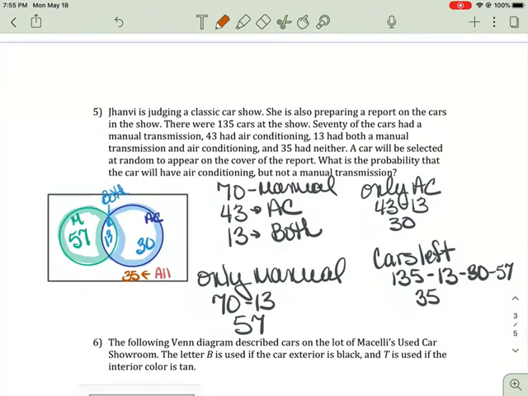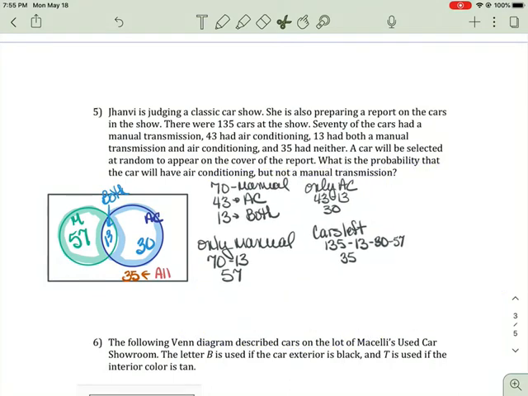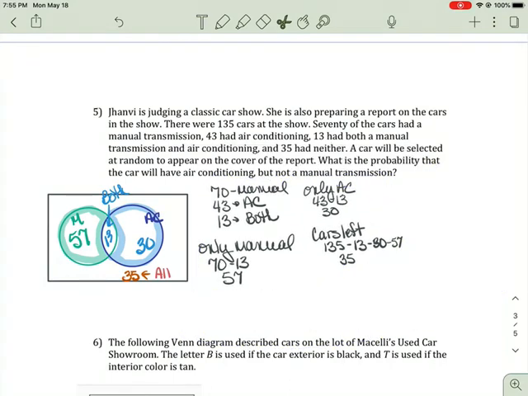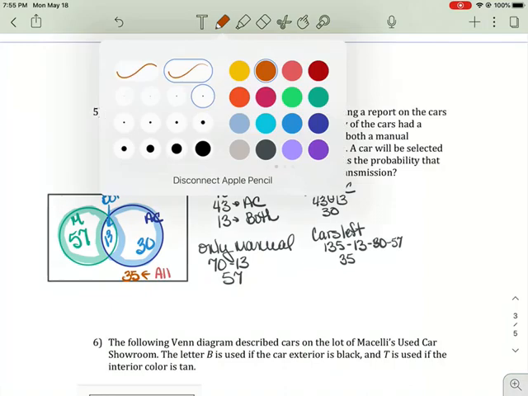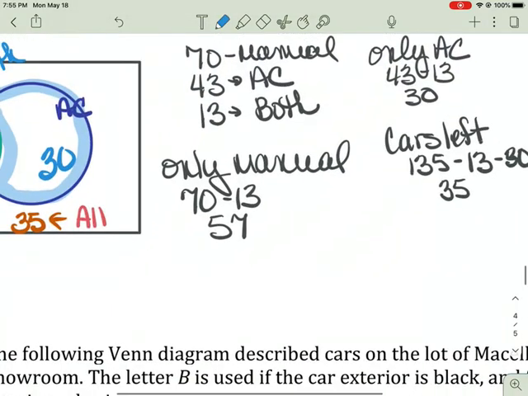Now we didn't even find the probability yet. So let's make some room here. We want to find the probability that the car will have air conditioning but not manual. Air conditioning, I have that as blue.